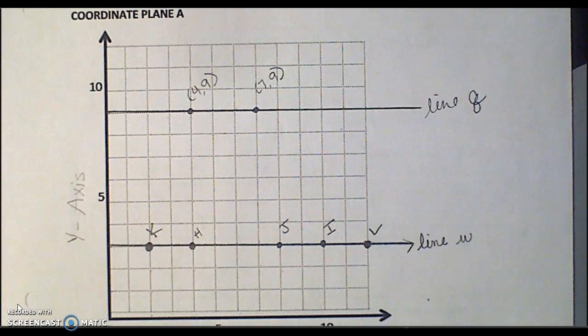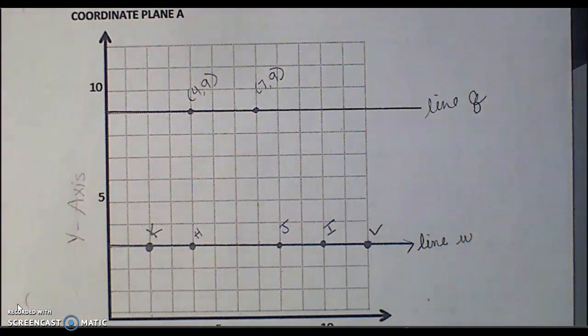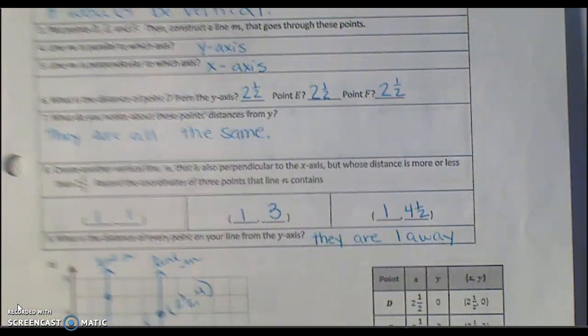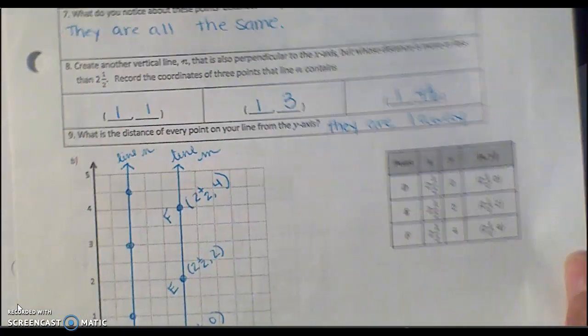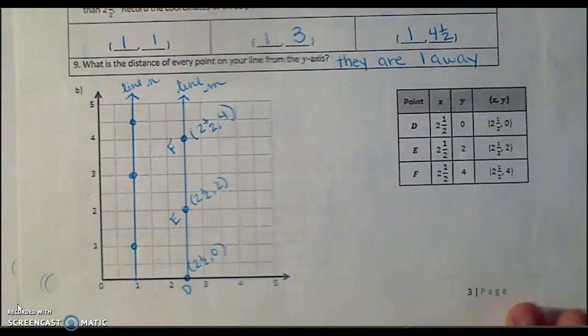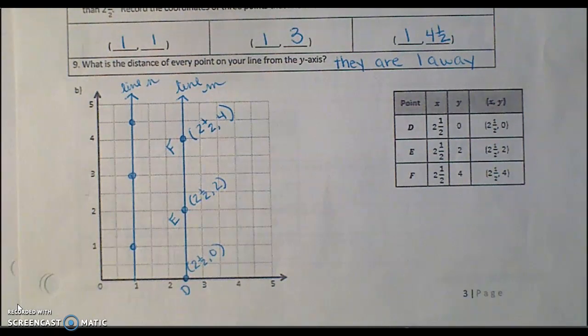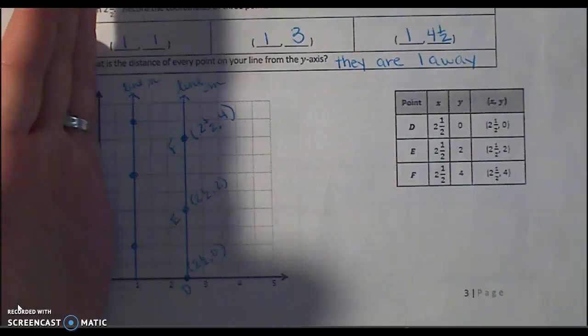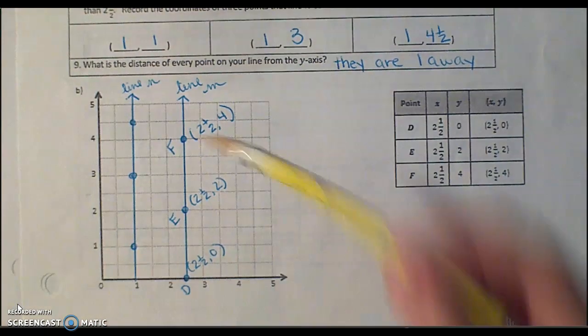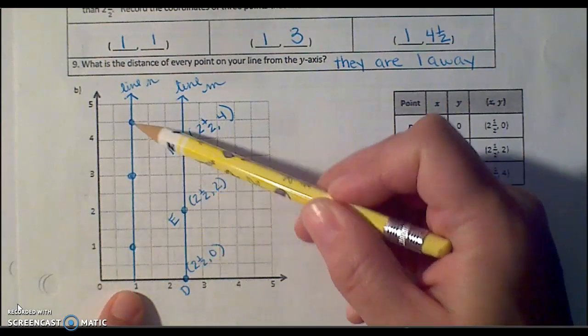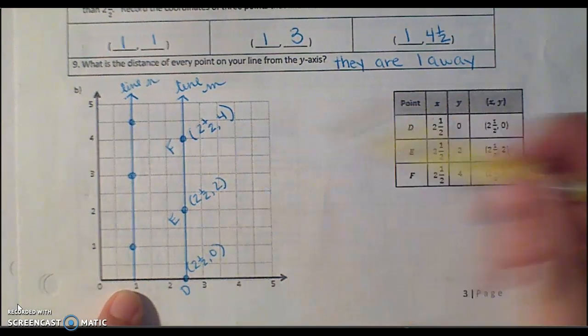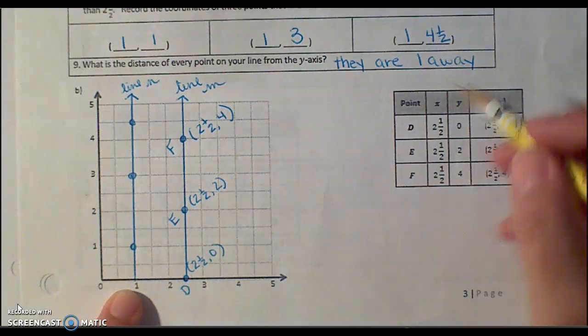Now quickly, before we run out of time, I want you to see one last thing. You can also see that we can make lines that are parallel to the y-axis. The only difference is that every point on these two lines would have to fall on the same x-coordinate.